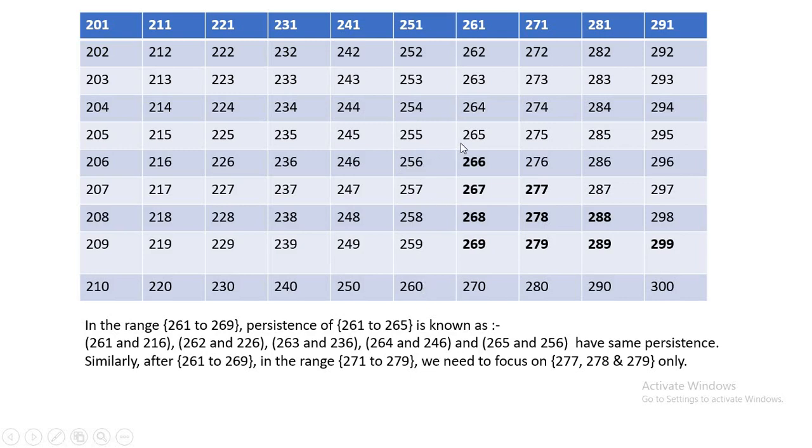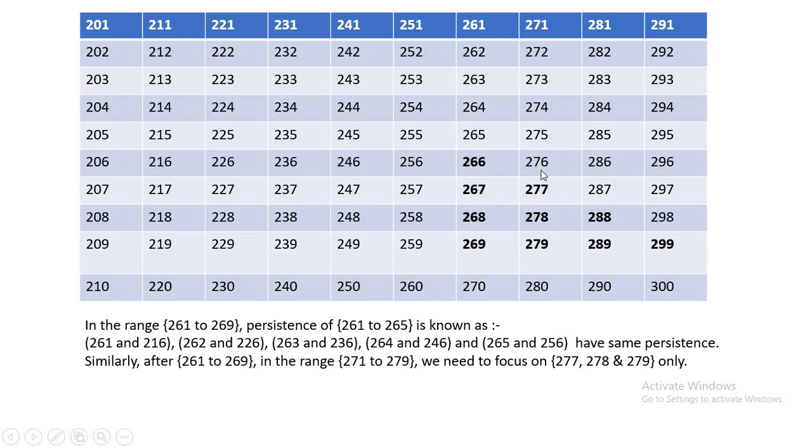So we need not calculate 265, but we need to calculate the persistence of 266, 267, 268, 269. Again, 267 does not need to be calculated because it is similar to 227, 237, 247, 257. We have calculated these. After calculating these 4 persistence numbers, we are proceeding further.